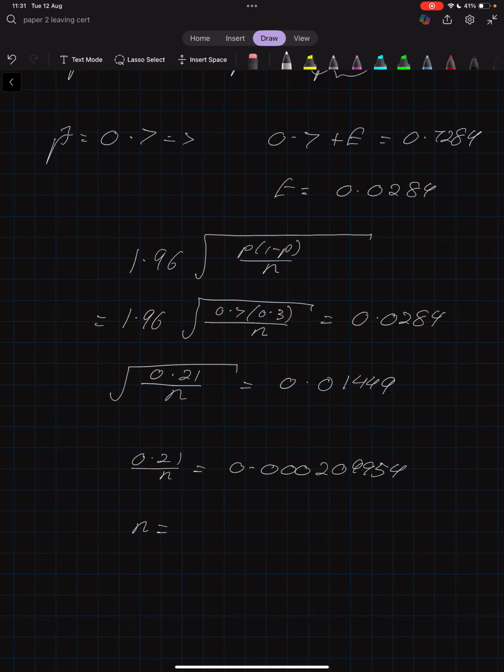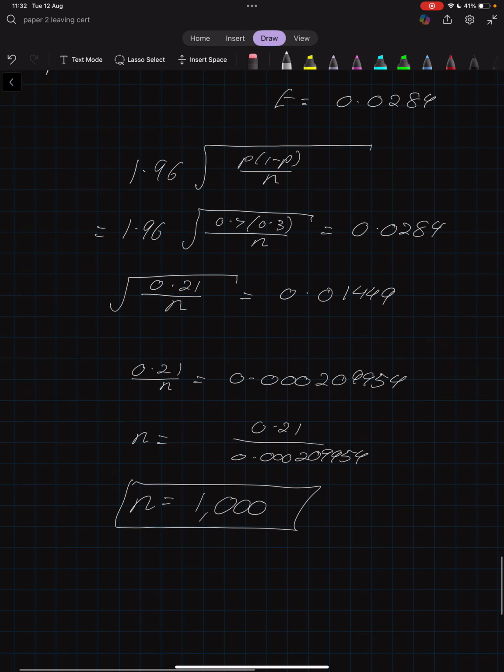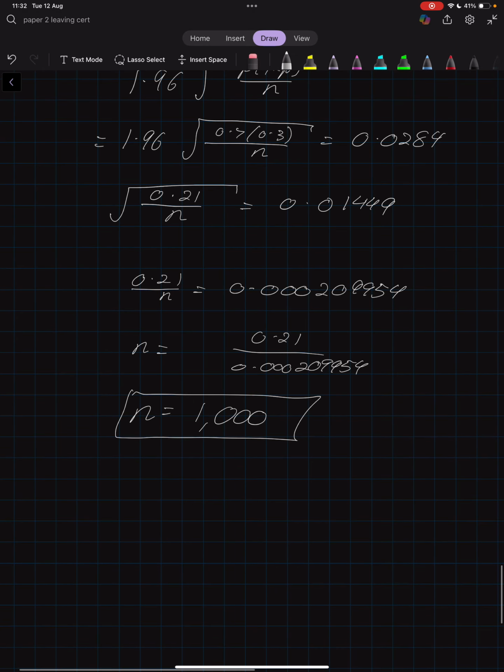So n is going to be 0.21 over 0.000209954. So n is going to be equal to 1000. And this is just rounded to the nearest number. Obviously n is the number of people in the sample, so round it. Don't leave it as 999.7 or something like that. So just always round it.